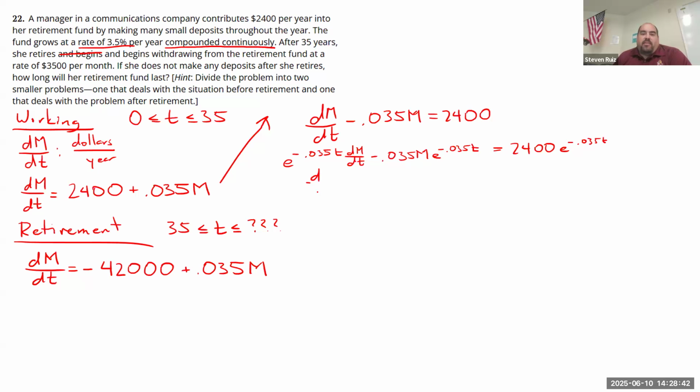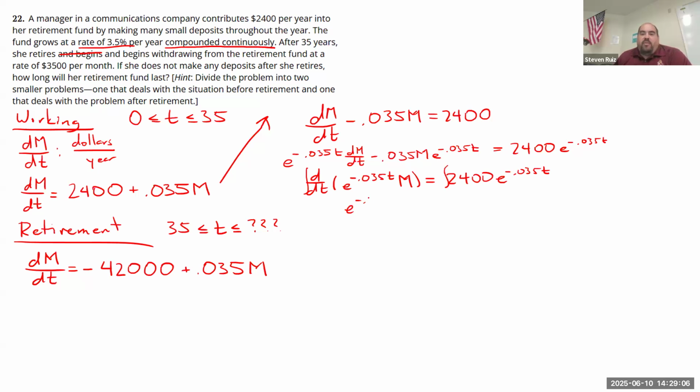Now we'll rewrite this as a derivative of a product. So the integrating factor times M equals 2400 times e to the negative 0.035 t. Integrate both sides with respect to t.